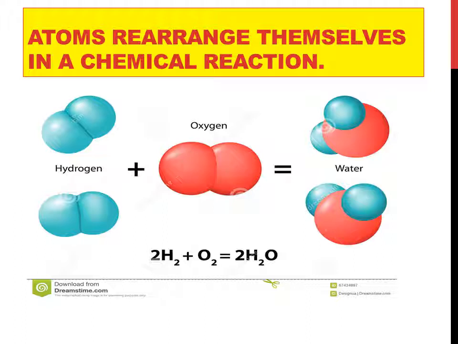The number of hydrogen atoms before the reaction was 4, and even after the reaction in the product, the number of hydrogen atoms is 4, and the number of oxygen atoms before was 2, and after the reaction, they are also 2 in number. So that is how the number of atoms of each of the elements remains the same in a chemical reaction.